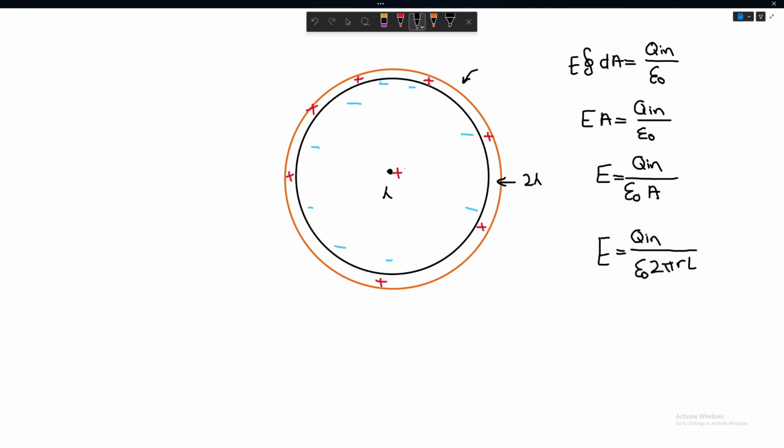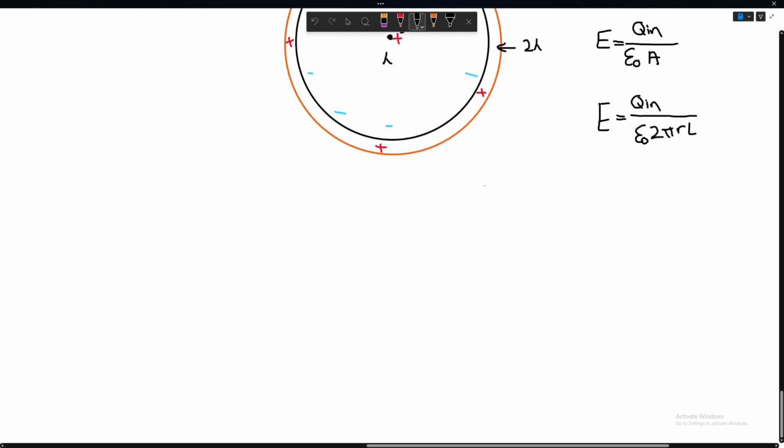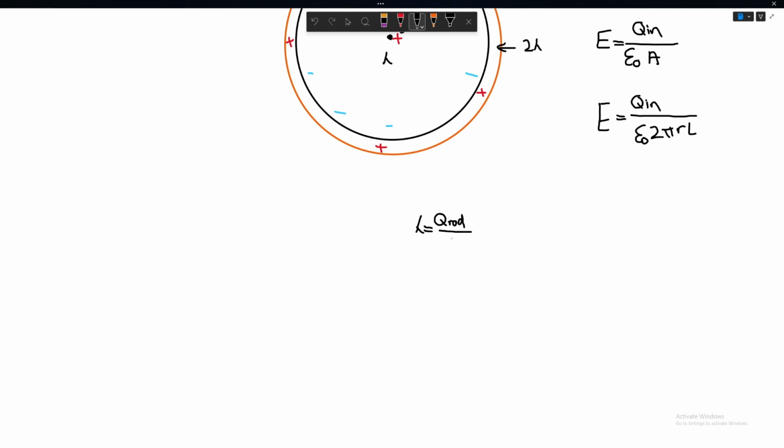And so what is my Q enclosed? Q enclosed is obviously whatever the Q here plus whatever the Q here. And so lambda equals Q of the rod over L. And I have another one that's 2 lambda, which equals the Q of the cylinder over L. I mean, what if I divide it by 2?